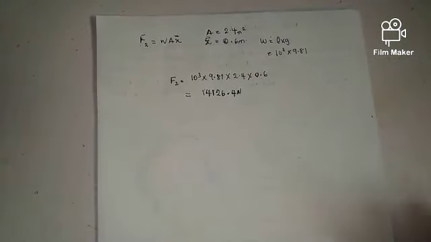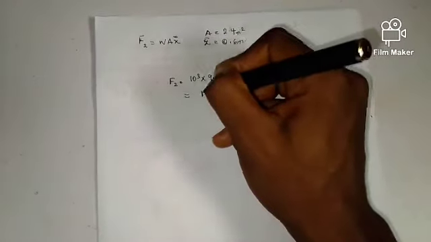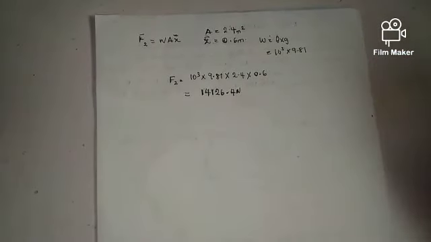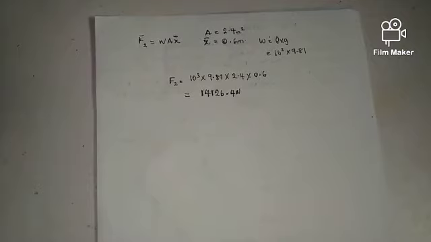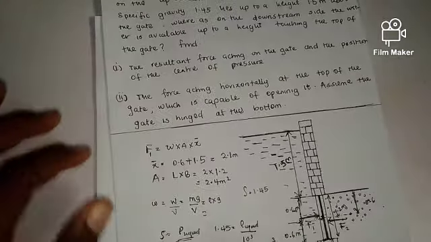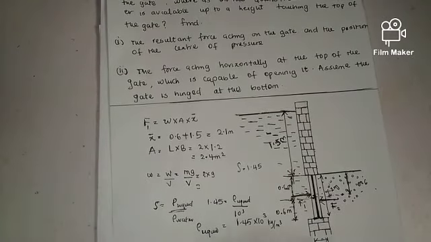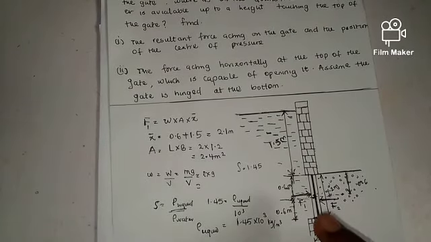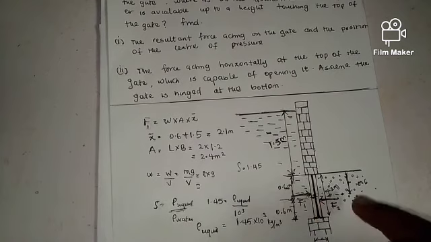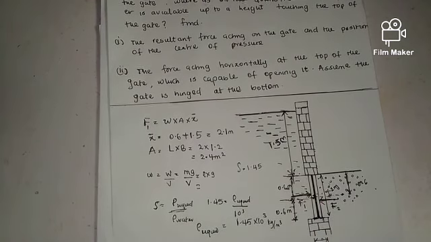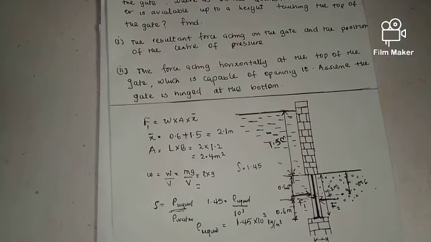So now remember our question says calculate the resultant force acting on the gate. The resultant force, remember, this force is acting on this gate and this one is also acting on this gate. Now which one do you think will be greater?